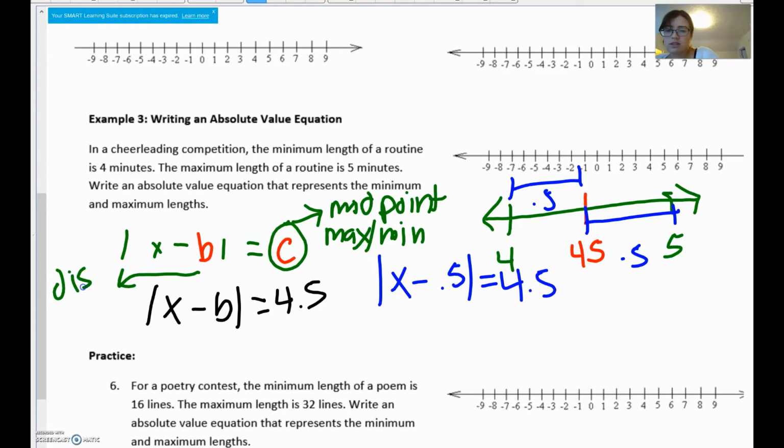This is the distance from midpoint to max, or midpoint to min.